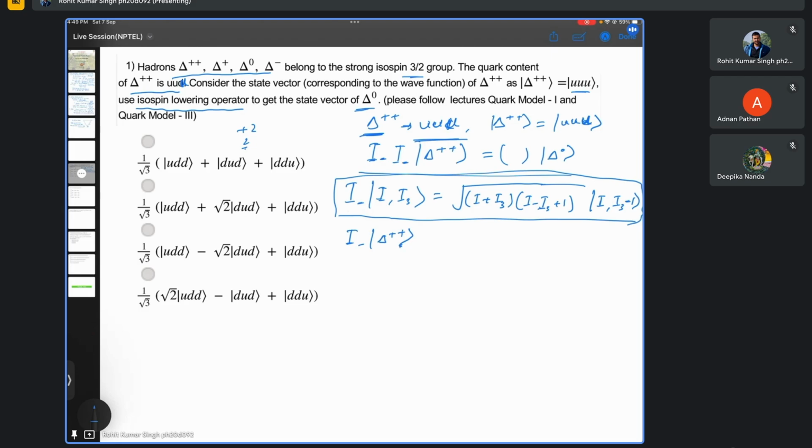So delta plus plus has I equal to 3/2, and the third component of isospin is also 3/2, right?